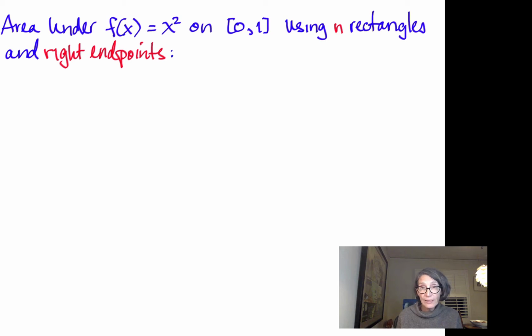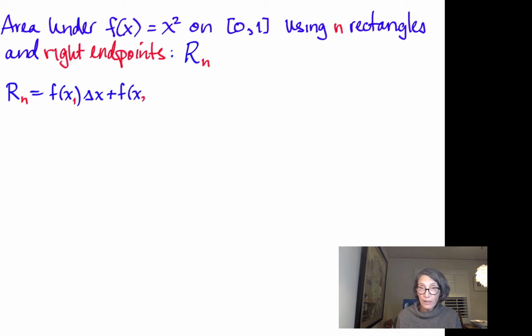All right, so first let's set up the Riemann sum using n rectangles and right endpoints. So this is going to be called Rn for right endpoints and n rectangles. And so remember, it's just like what we did before. The width of each rectangle is called delta x, and the height of each rectangle is f of the right endpoint. So it's the y coordinate associated with the first right endpoint, so f of x1, and then times the width of the rectangle. That's the first area.